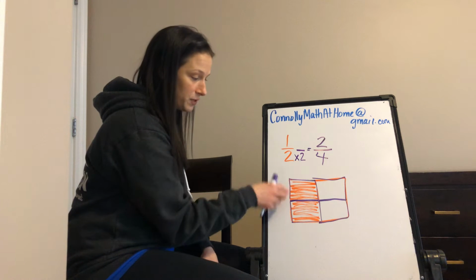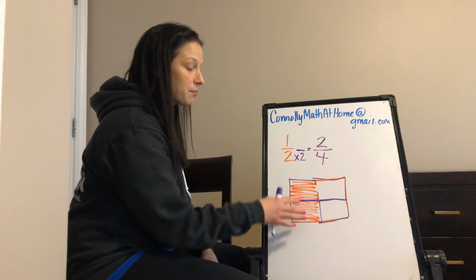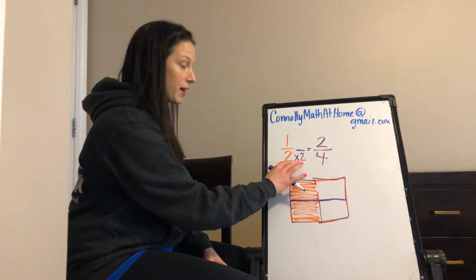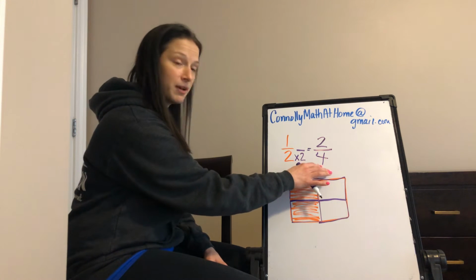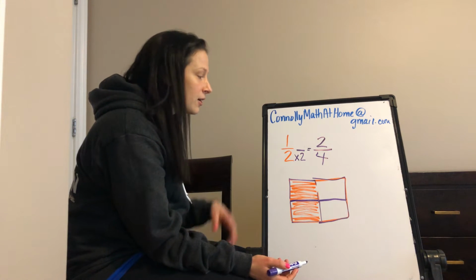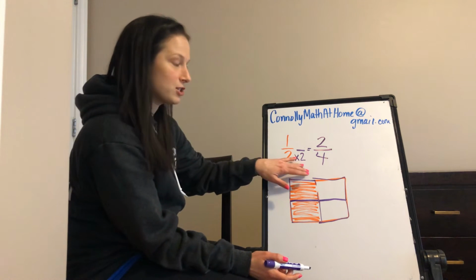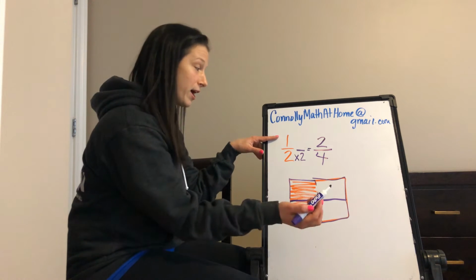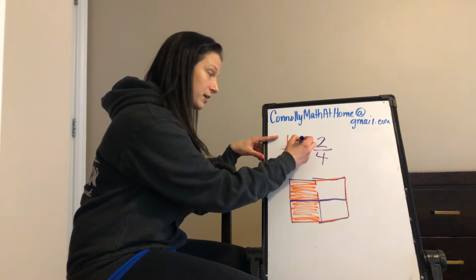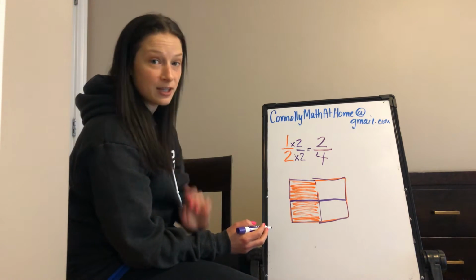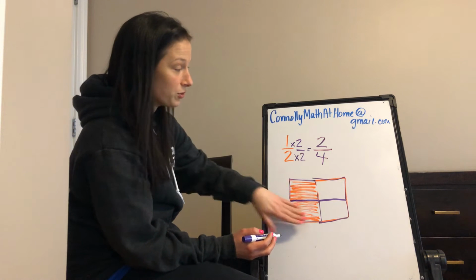So there were 2 pieces when we started with halves, but when I cut it in half, I made 4 pieces. So my denominator got multiplied by 2 and I ended up with 4. So what happened to the numerator? Well, I also needed double the pieces if I was doubling the number of pieces in the whole thing.